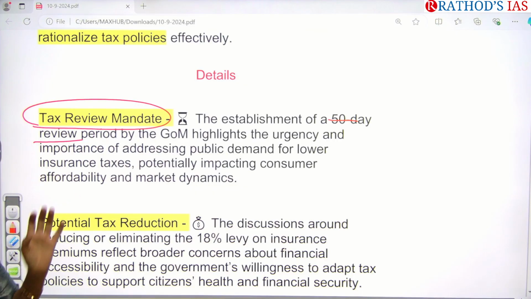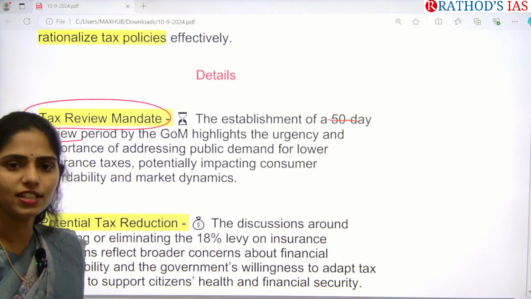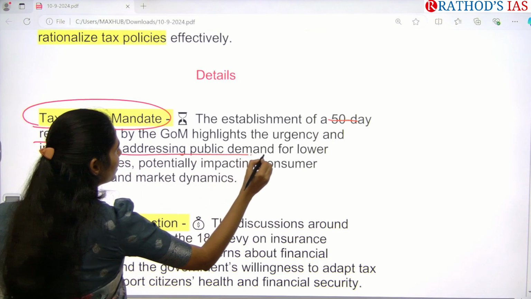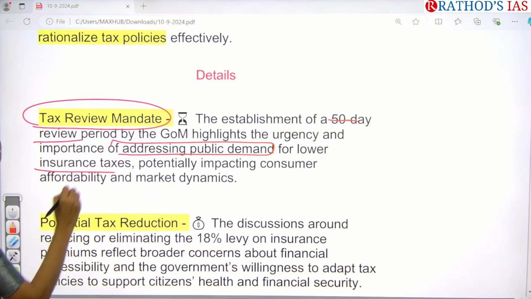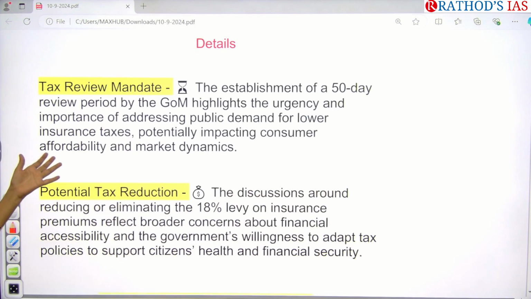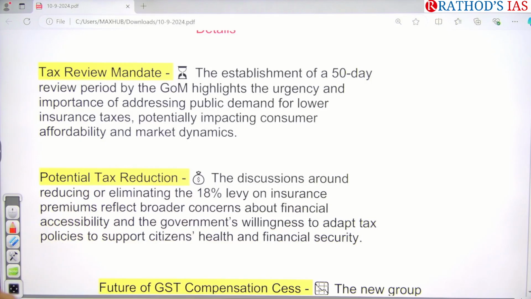It highlights the urgency, because whenever people are not getting this insurance, obviously it is having impact on them. And they are focusing on addressing the demand of people for lower tax on this insurance, because it can increase consumer affordability and it will also have impact on our market dynamics.